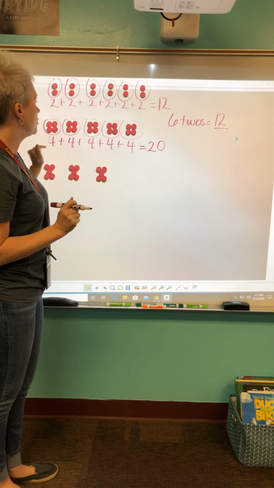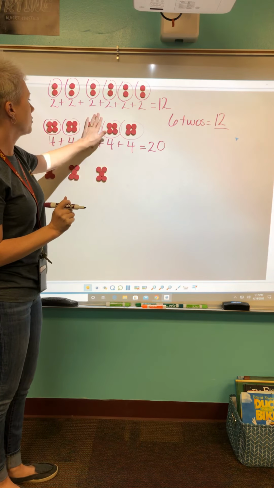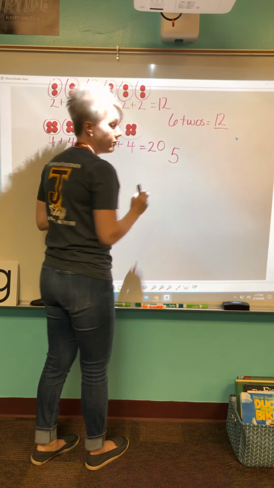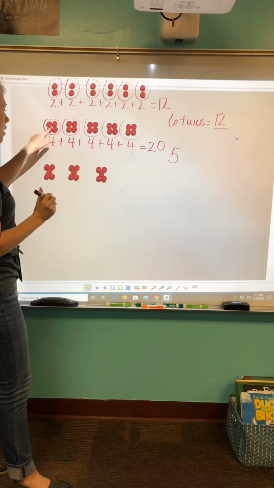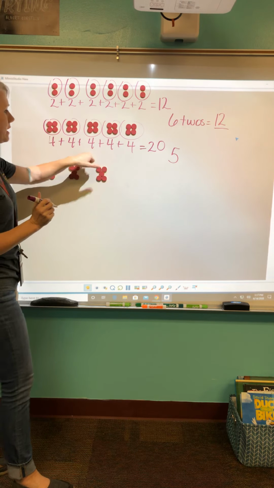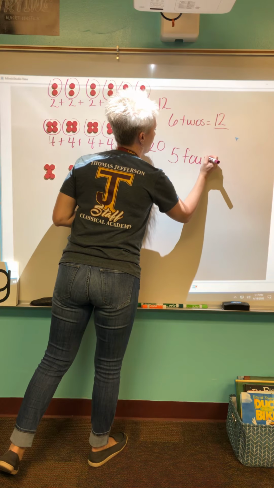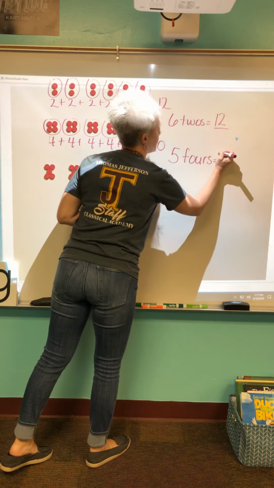Now, we can write this with first the number of groups. How many groups do we have? 1, 2, 3, 4, 5. So we have 5 groups, and how many is in each group? 4. We have 4 in each group. So 5 4's equals 20.